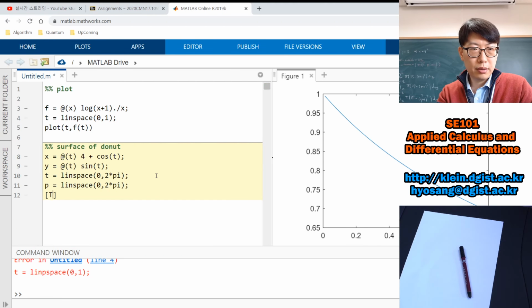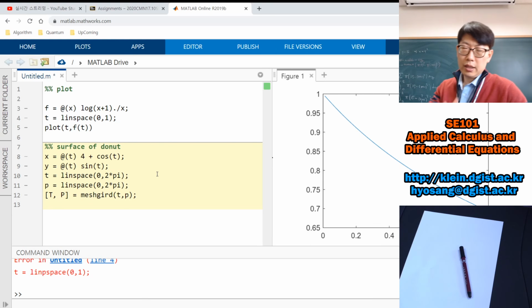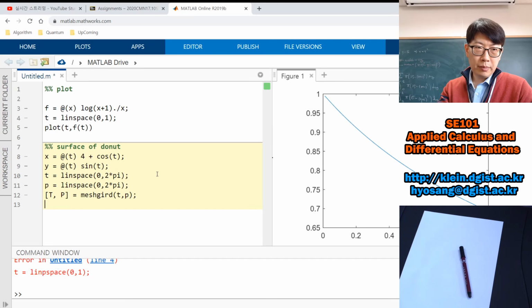Let me just give an example of how we do this before explaining all the details. Meshgrid of t, p. By doing this I get a 2D array from the one-dimensional arrays of t and p.